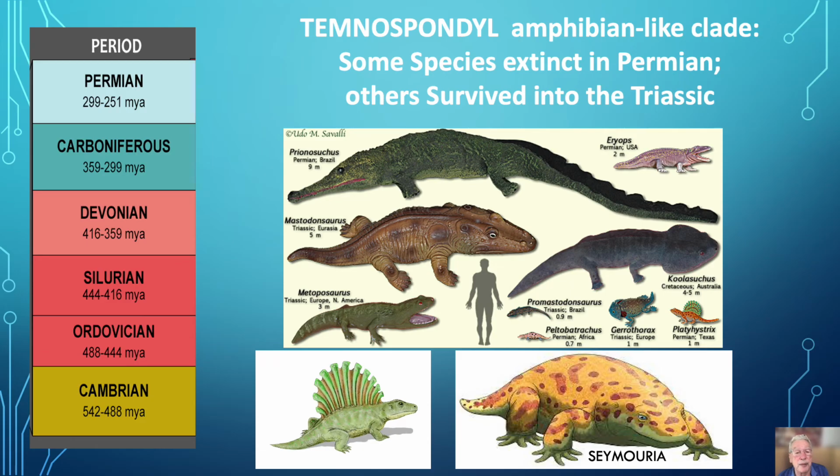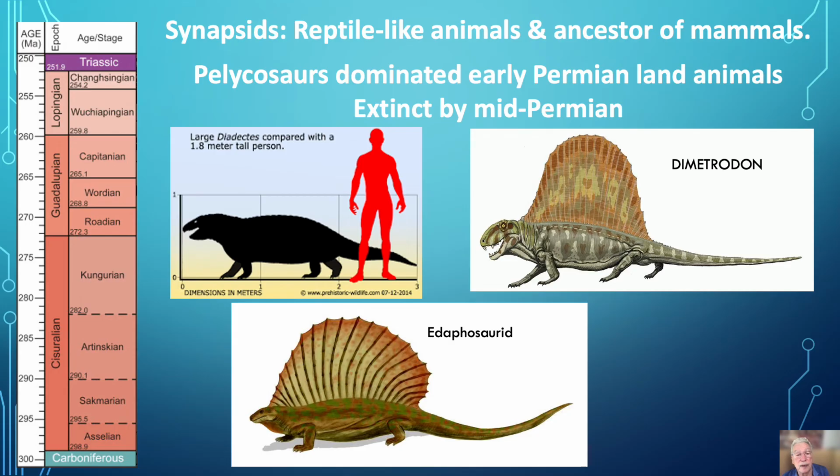Another clade of amphibian-like tetrapods also evolved in the Carboniferous, and some evolved reptile-like characteristics as well. While some species also went extinct by the mid-Permian, others survived into the age of dinosaurs. Synapsids were reptile-like animals whose surviving species gave rise to mammals.